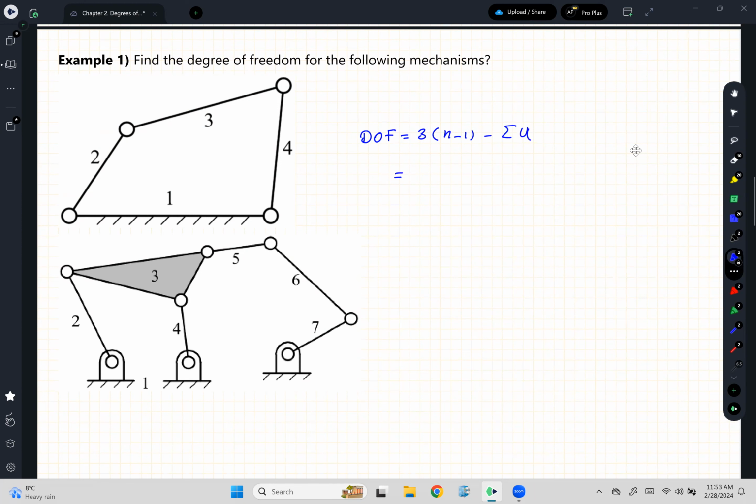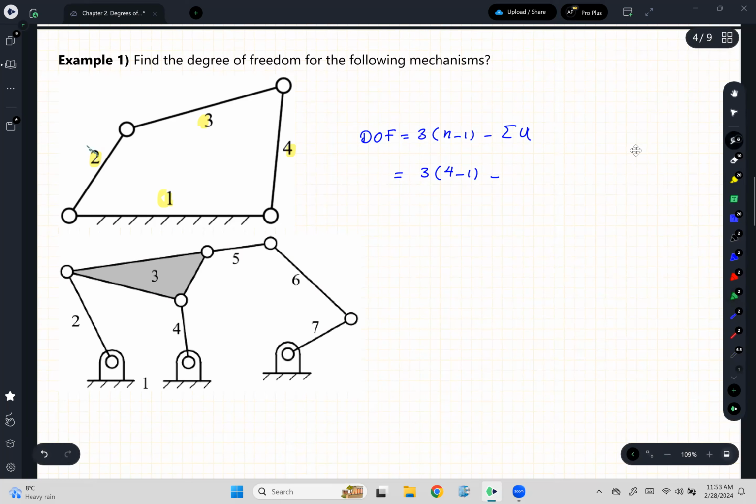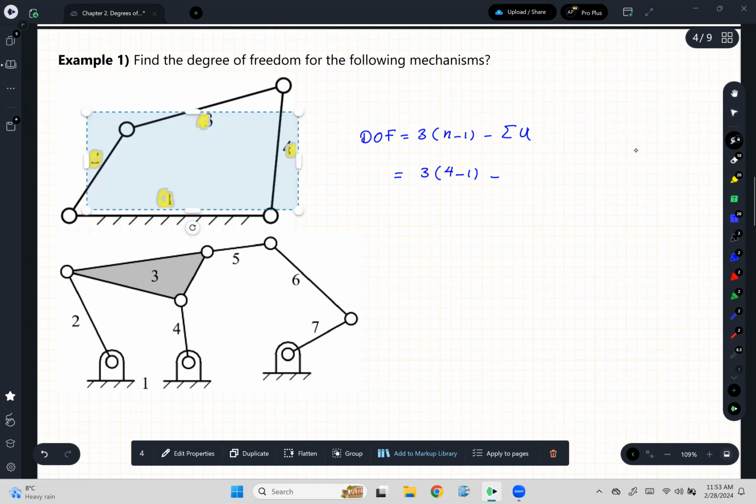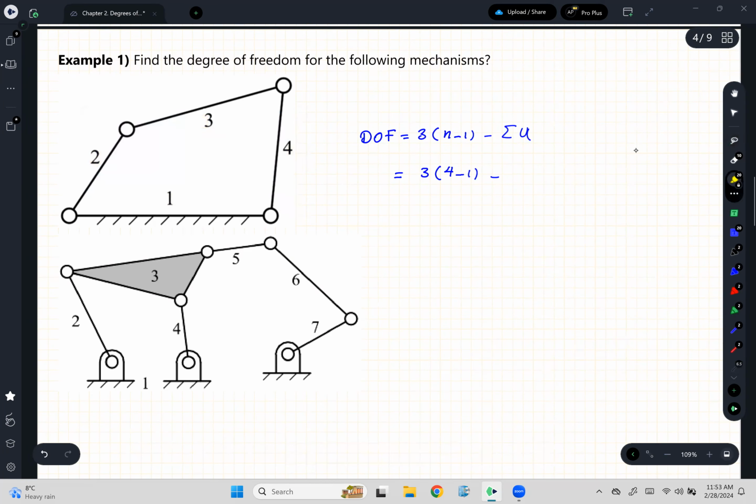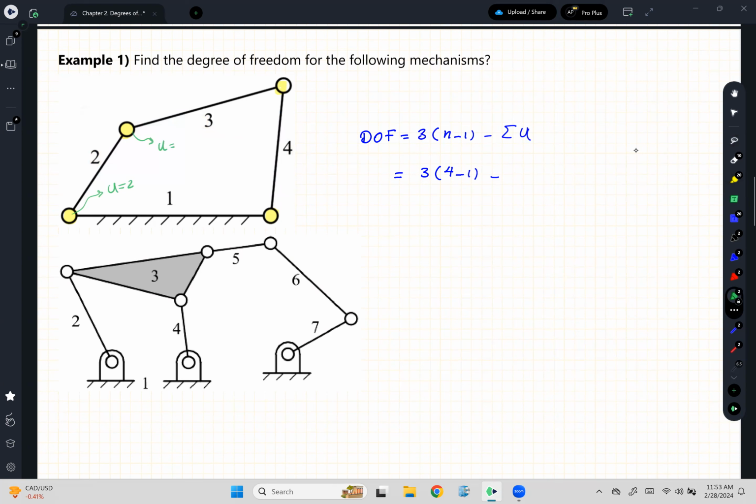My job: know the number of members. 1 is ground, 2, 3, 4. Minus 1, minus number of constraints. Every joint that I see here is a constraint, all right? So I'm going to highlight the joints. I have 1 joint there, 2, 3, and 4 joints. Each of these joints, we know, creates two constraints, all right?